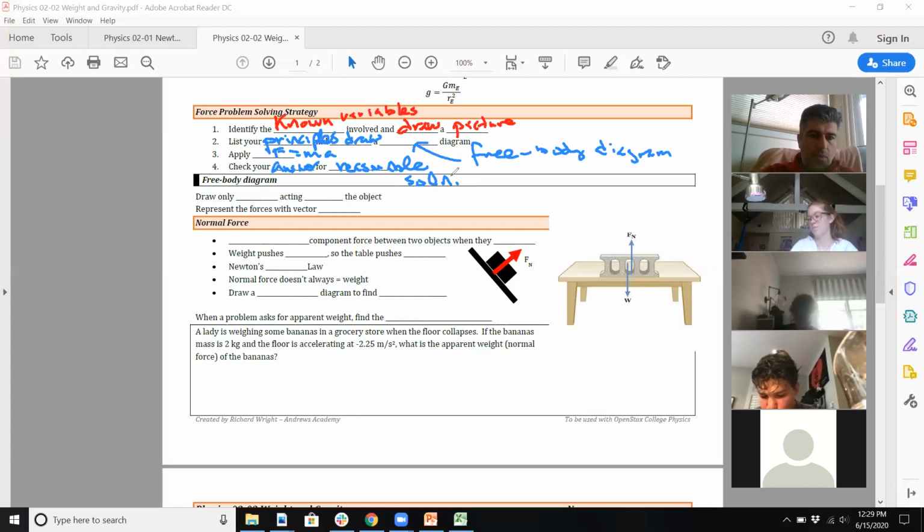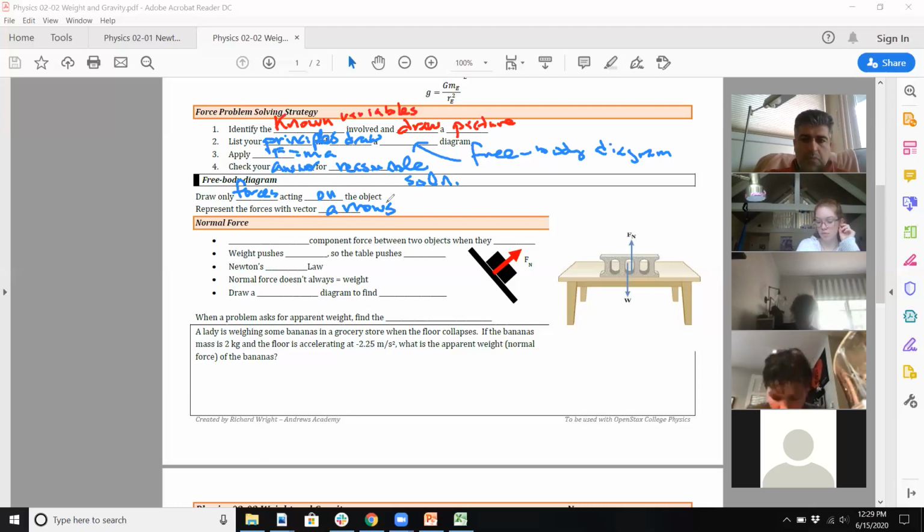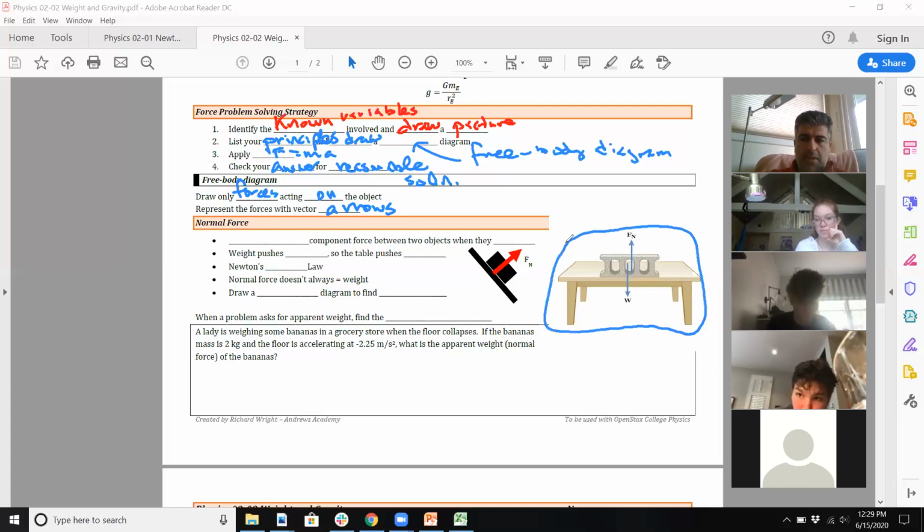You draw only forces acting on the object, and you represent the forces with vectors as arrows. So for example, let's take a look at this.